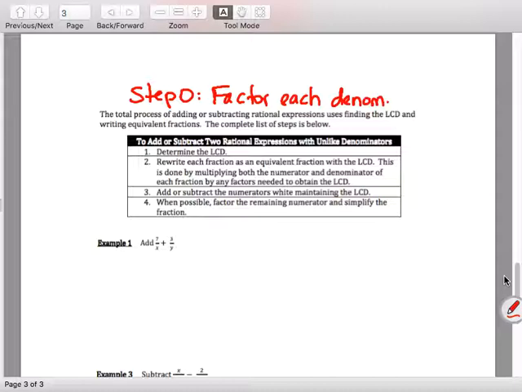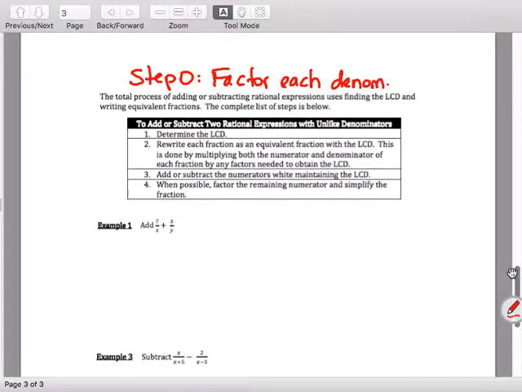Just follow my screen here and you might have to jump around. Step 0, factor each denominator. Step 1, determine the LCD. Step 2, rewrite each fraction as an equivalent fraction with the LCD. Then you add or subtract, and then simplify if possible.